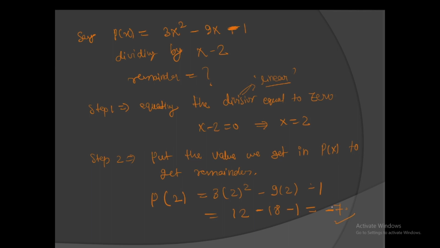So minus 7 is our remainder. So we can write this p of x as some quotient q of x into x minus 2, minus 7. So basically what is this? We are dividing p of x by x minus 2, and we get over here some q of x, and in the last we get minus 7 as the remainder, right? So q of x is the quotient. We can also figure out what q of x is.